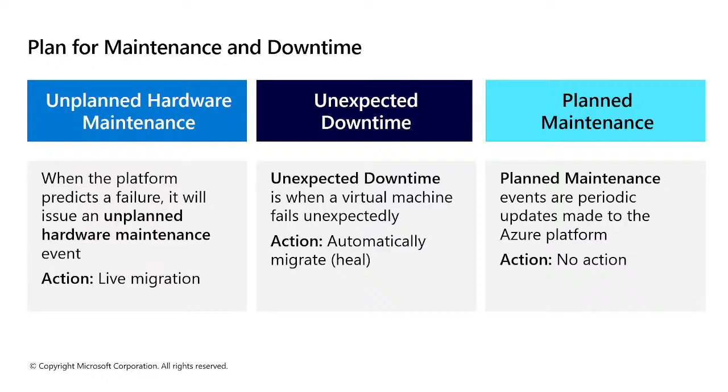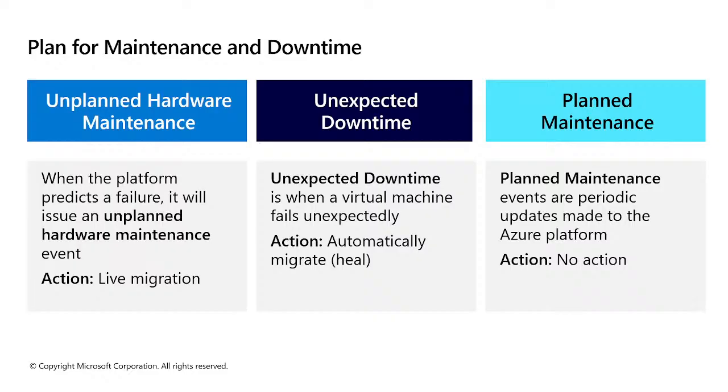In this case, live migration is required. So we have what we call unexpected downtime, where your machine just goes down unexpectedly. In this case, what Microsoft has done is to make sure that your machine is automatically migrated. So you are able to access it, but what they've done is they've migrated that particular machine to another machine.